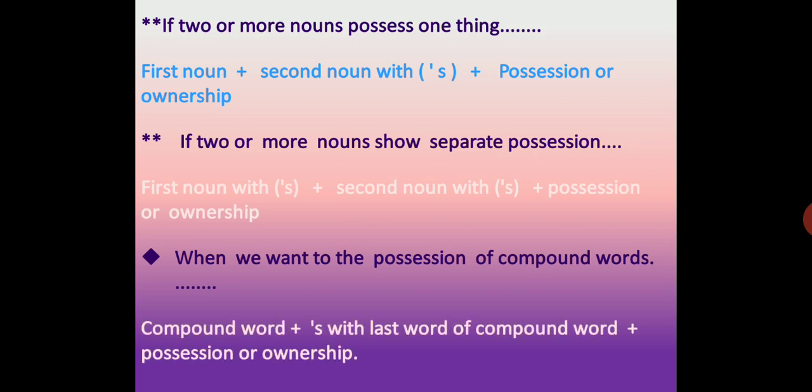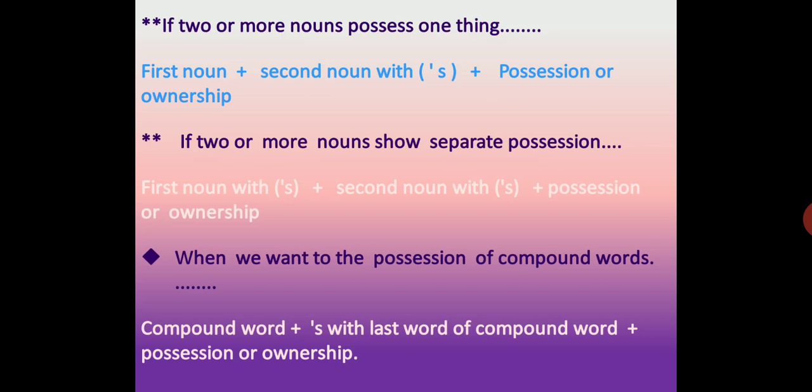The pattern is compound word plus apostrophe s with the last word of the compound word plus possession or ownership. Means first of all we write the compound word and we add apostrophe s with the last word. Whatever the last word of the compound word, we add apostrophe s to it. And then we write the possession.